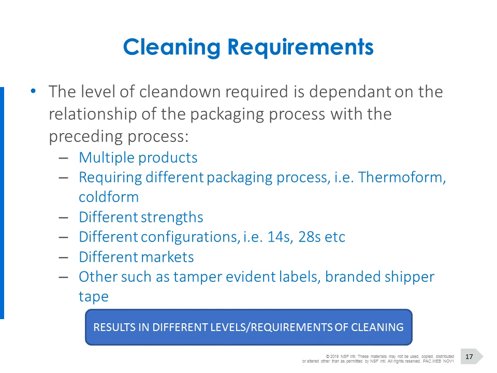Are there different strengths or different configurations? For example, 14s and 28s. Is it different markets? Or are there other items such as some markets may require tamper-evident labels or branded shipper tape? So all these items, these differences, can result in different levels and requirements of cleaning.